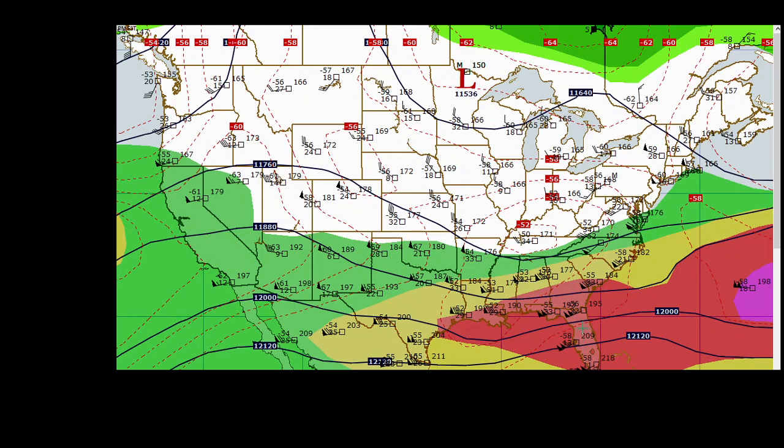There's 125 knots, it looks like. There's 110, 110, 115, 110. So that's your jet max at 200 millibars, which I think is about 39,000 feet, something like that. It's pretty far up there. No significant moisture. Everything's dry.